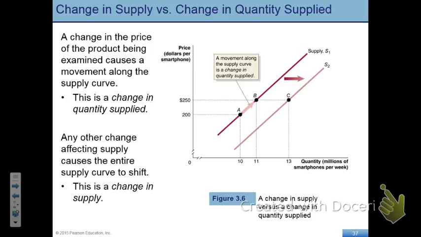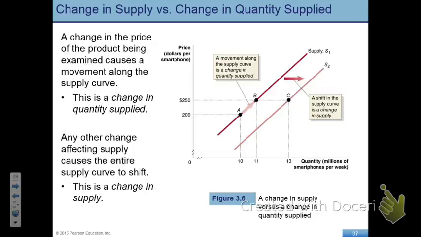Just to remind ourselves one more time, if the supplier is just moving from A to B, when the price is just increasing from 200 to 250, this movement from A to B is called movement along the supply curve, and the change in supply from 10 to 11 is called change in quantity supplied.